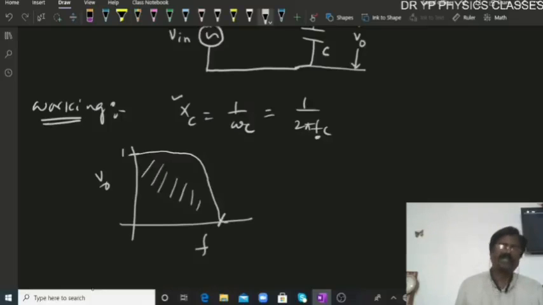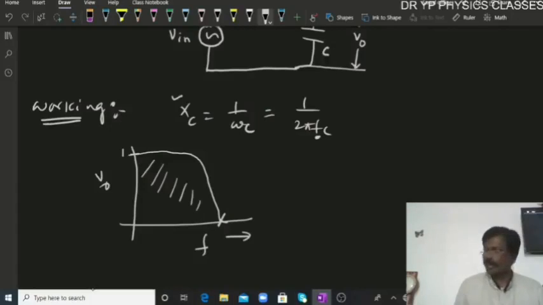This part of the frequency of the AC signal is allowed, and beyond this it is stopped. In this way, the low pass filter acts by passing the lower frequencies and attenuating or stopping the higher frequencies.